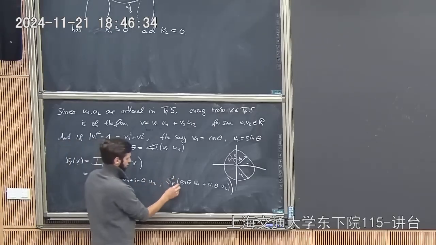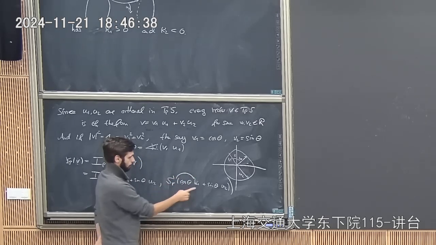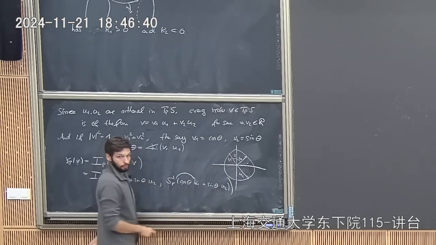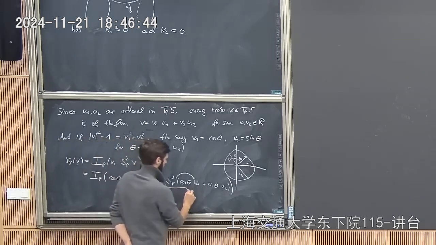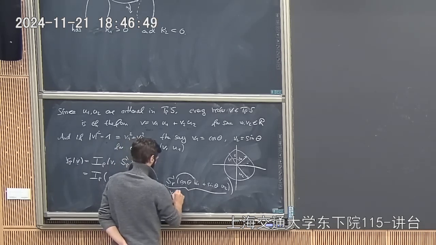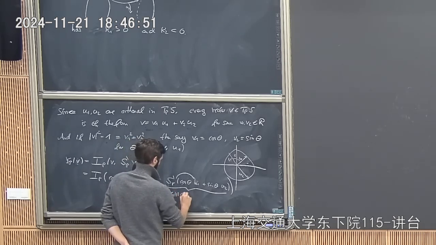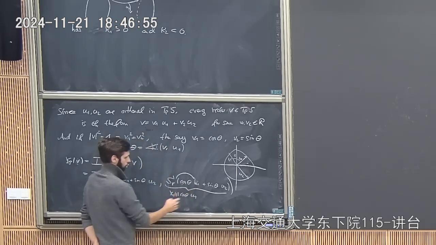But now what we have is, by linearity, the S operator jumps onto U1 and U2. On U1 and U2 we know what S is, namely it's just kappa 1 times U1. So what we get here is kappa 1 times cosine theta U1. That's the first term.